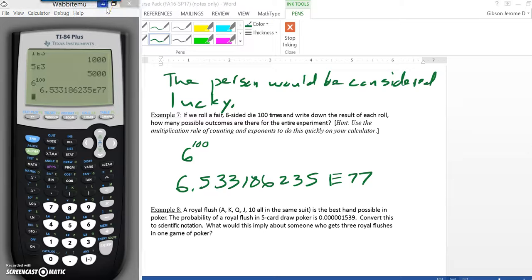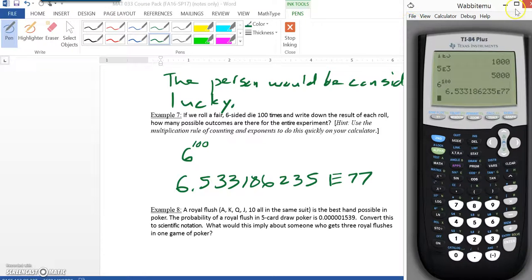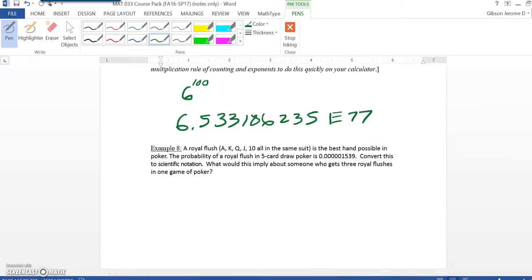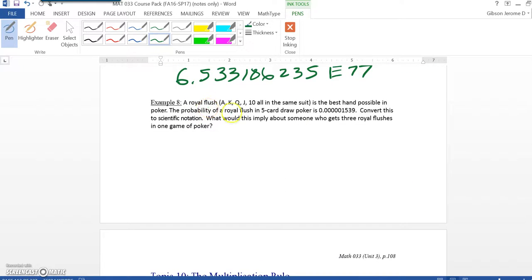Okay, now, our next step. We'll go down here to example 8. It says example 8, a royal flush, ace, king, queen, jack, 10, all in the same suit is the best hand possible in poker. The probability of a royal flush in 5-card draw poker is a very low number.